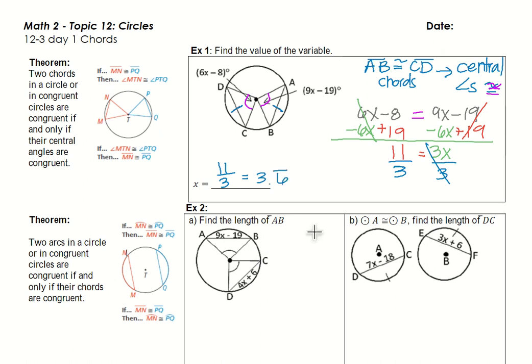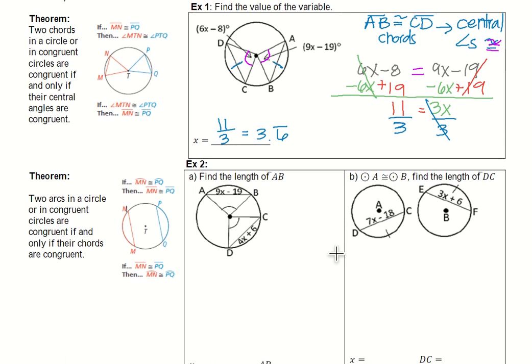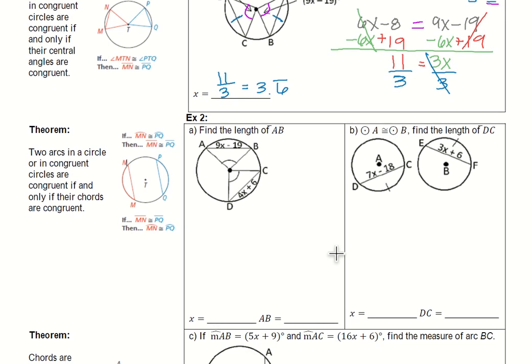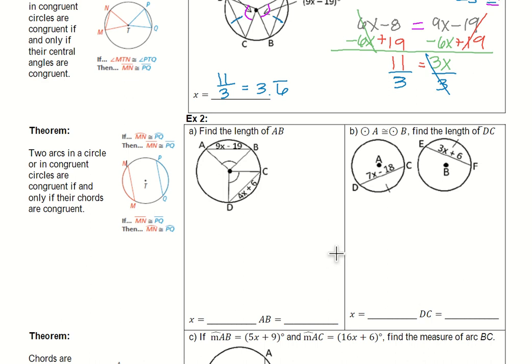Okay, so similarly, remember that central angles and arcs are equal. So the same thing will happen backwards and with the arcs. So in this diagram, they're telling us that our central angles are equal. So notice they've told us that.